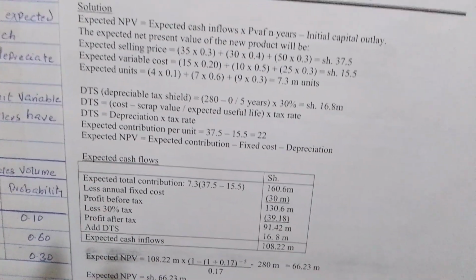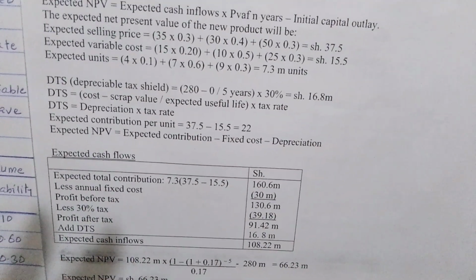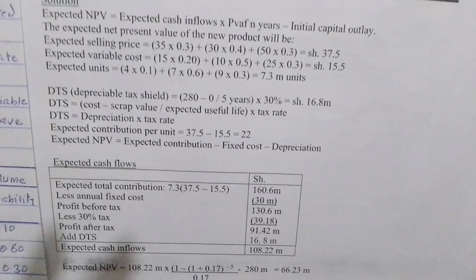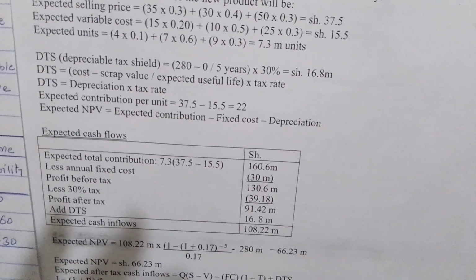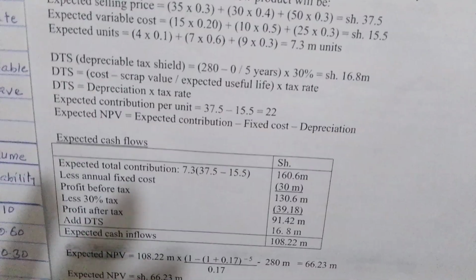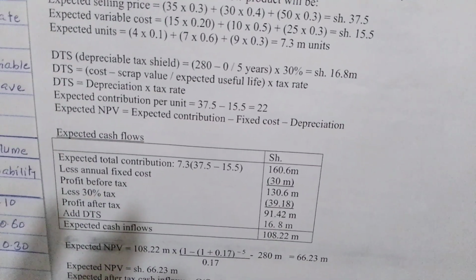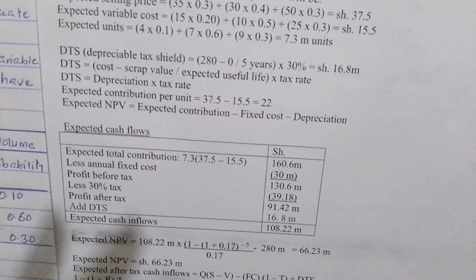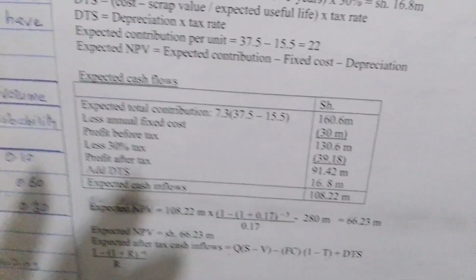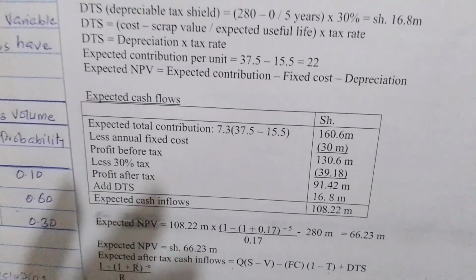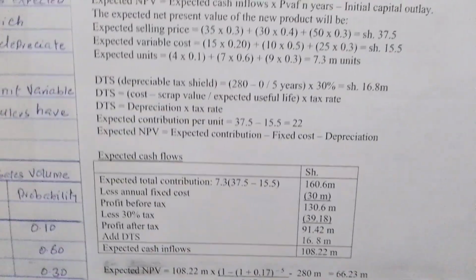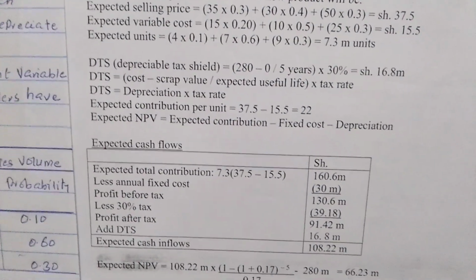So the expected contribution per unit is shillings 22. Our expected net present value will be given by the expected contribution, we minus the fixed cost, and then we less the depreciation. Therefore, expected cash flows.